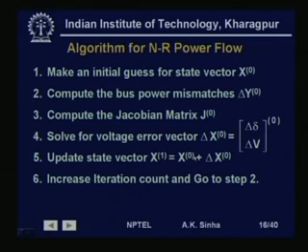We will keep repeating this iteration till delta y has become very small, because once the power mismatches are very small, the value of the calculated bus power injections are very nearly equal to the specified value.